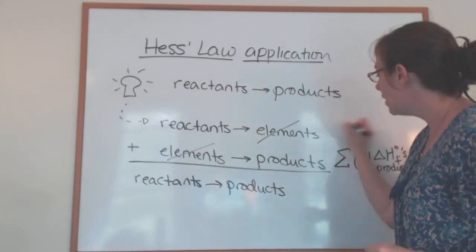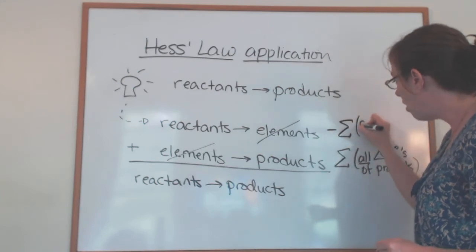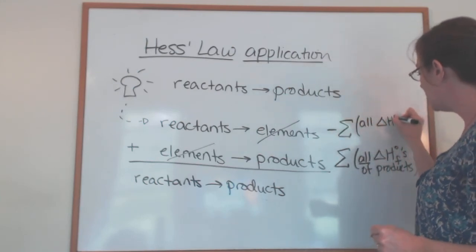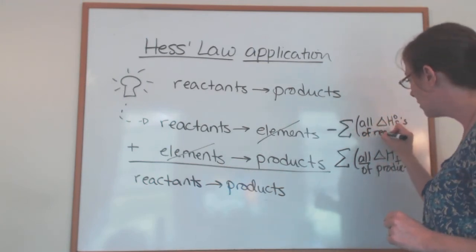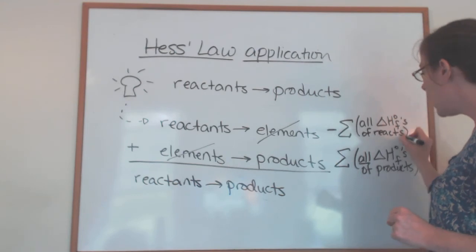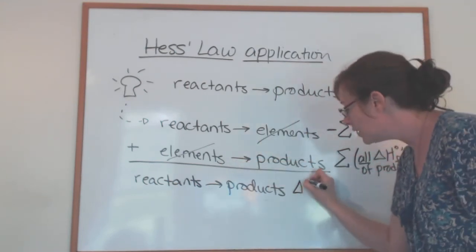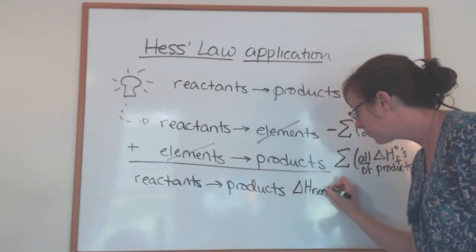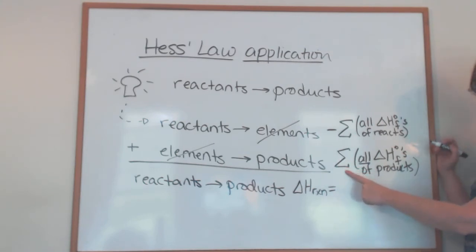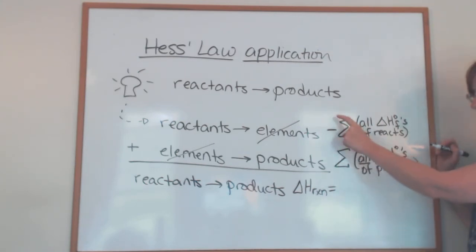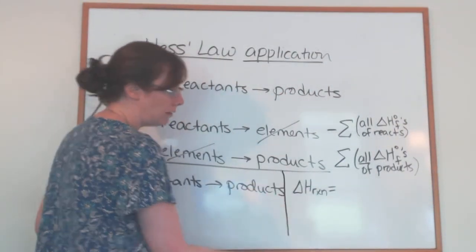So here, we could think about this one as the negative sum of all the standard enthalpies of formation of the reactants. Now, Hess's law says when you take two steps and add them together, the enthalpy change for the overall reaction will equal the sum of the two steps. And it would be smart of us to start with this one and then just subtract that one.